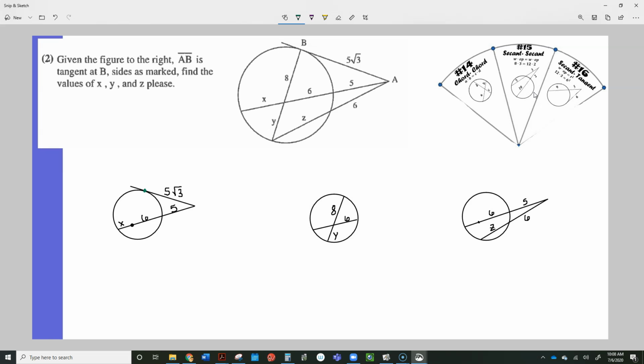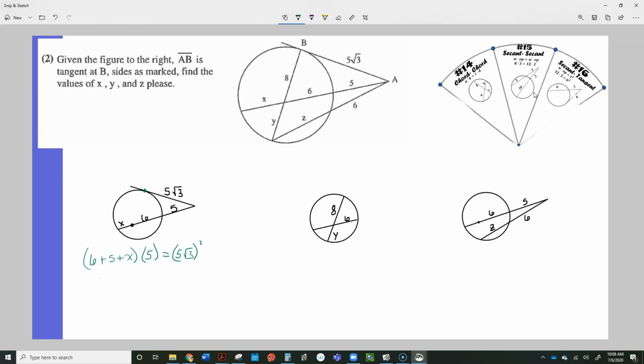So the length of the whole secant, well, that secant is 6 plus 5 plus x. That's the whole secant right there. And then we have to multiply that times the length of just the outside part. Okay, and then we're going to multiply that times the tangent squared.